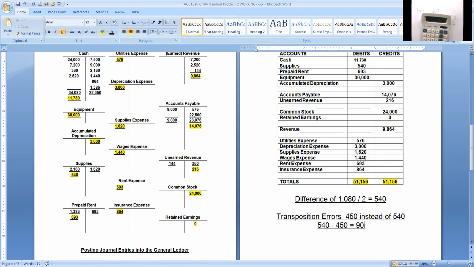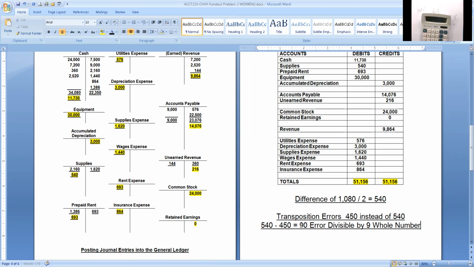If the error is divisible by 9 cleanly and it gives you a whole number, it's probably a transposition error.